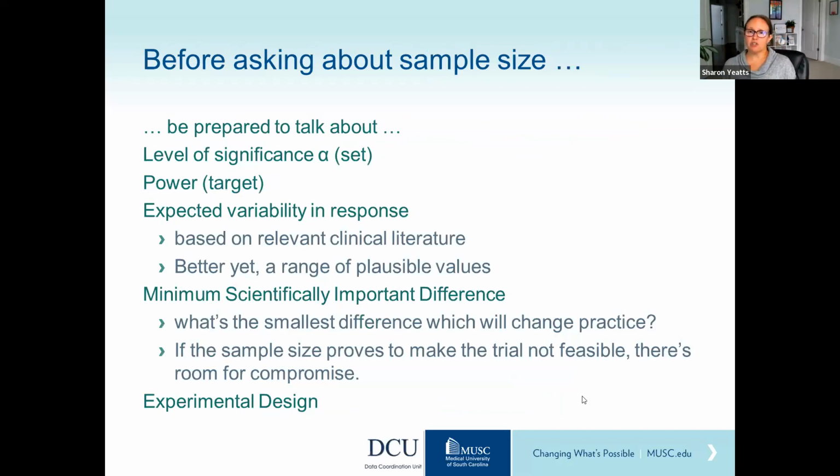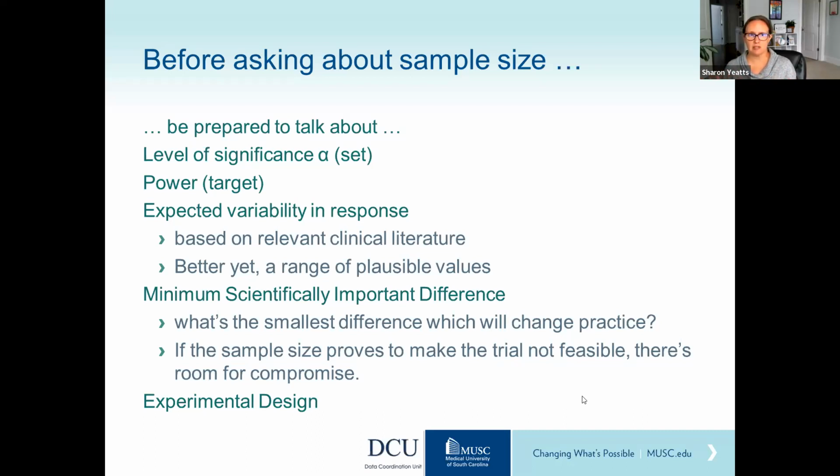Okay, so we've covered a lot already. So before talking to your collaborator about sample size, you want to be prepared to talk about the level of significance. You want to be prepared to talk about the target power. You want to be prepared to share some expected variability in the response. Hopefully that's based on relevant literature. Even better than sharing an expectation of the variability would be to provide a range of plausible values.